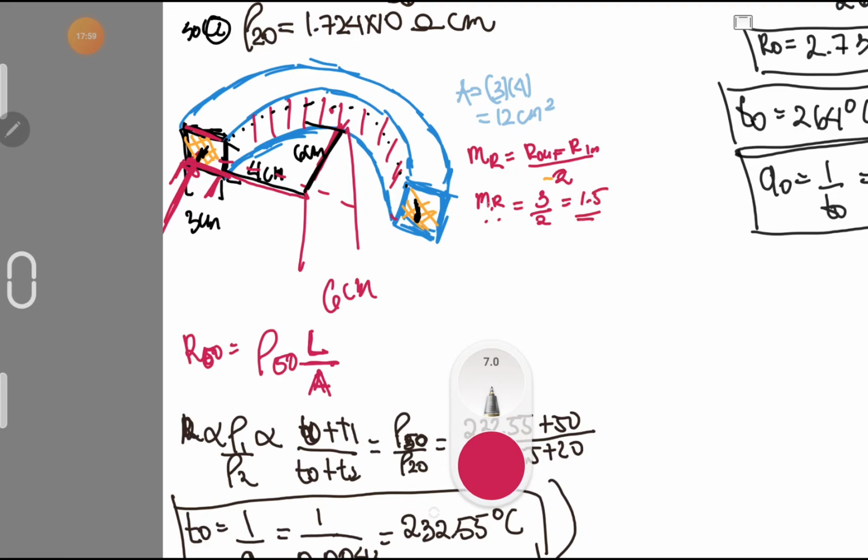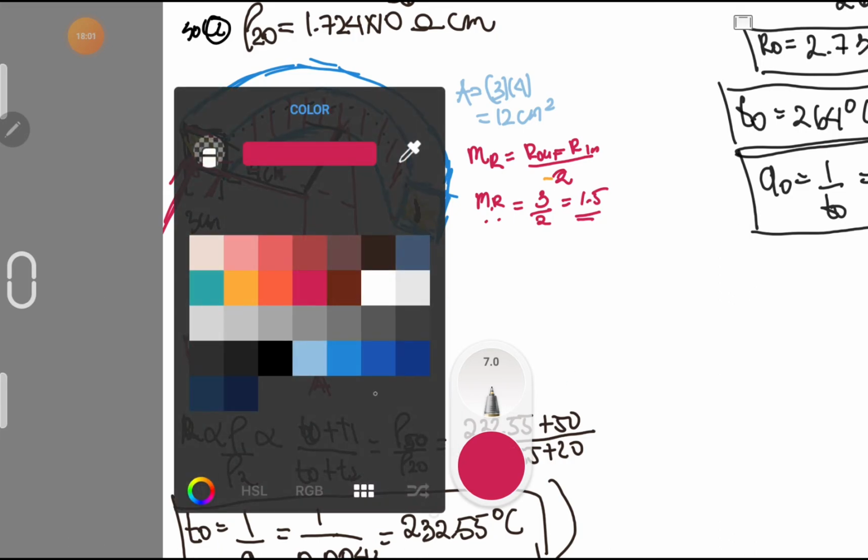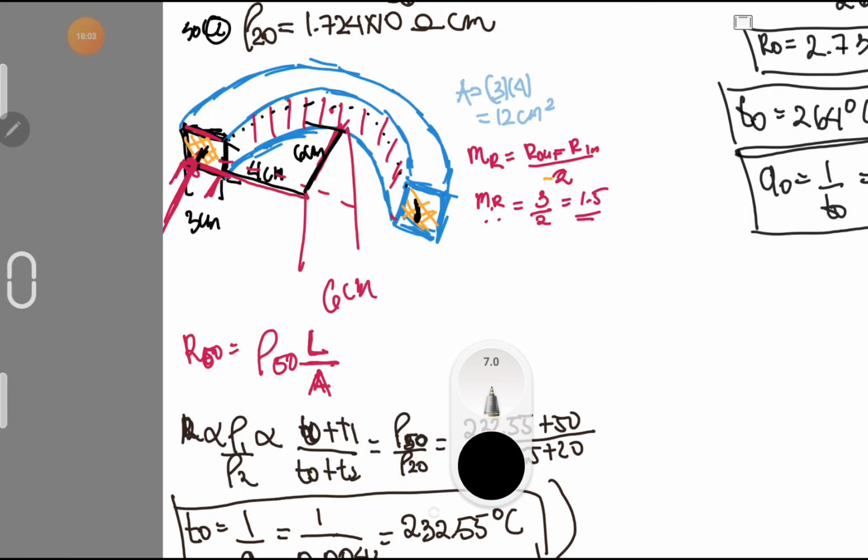Itong 1.5 na to, meaning ito yung length na to. Okay, so which is nasa 1.5 cm. Ayan. So from that 1.5 cm, meron natin tayong radial thickness na 6. So therefore min length is equal to pi d.